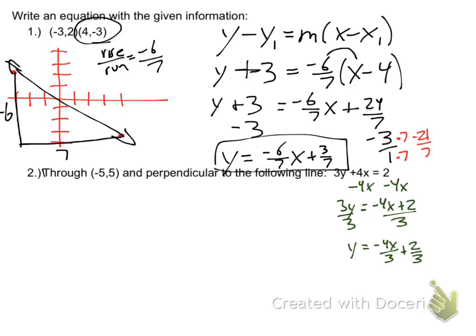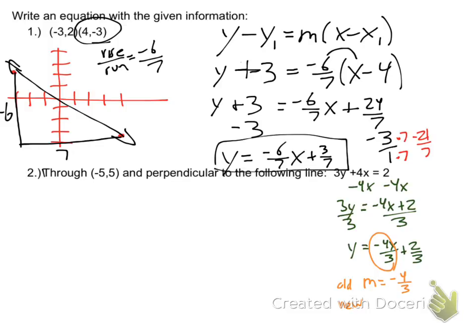Now the cool thing about this is I can ignore everything about this equation except for that slope. And so I'm going to take the slope here. Remember, slope is in front of x. It does not include x. So our old slope is m equals negative 4/3. That's our old slope. I need a new slope.